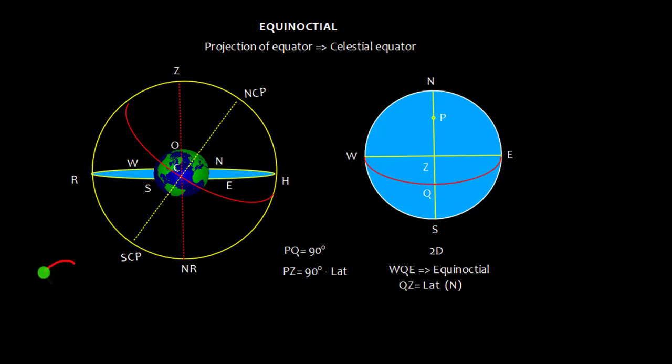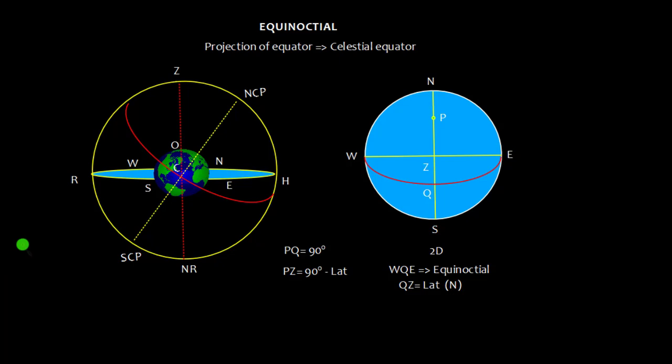Alright. Now, look at the equator. Suppose this is the equator and this is the parallel of latitude. This angular distance is the latitude of the place. Similarly, if this is the equinoctial and this is the observer, obviously this measurement is the latitude. This latitude is north, because here the elevated pole is the north pole.